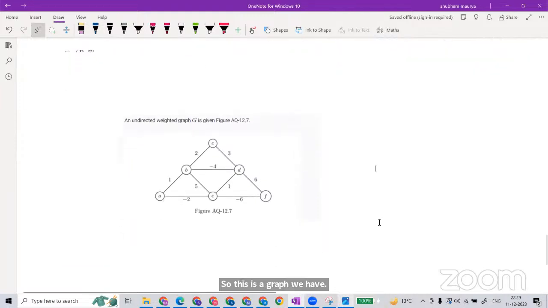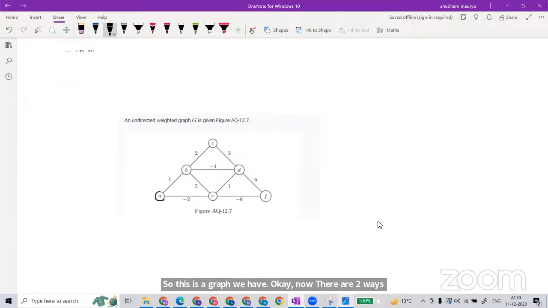Suppose you want to find the shortest path between this vertex and the vertex T. By which way will we go so that we get the minimum weight? That is the meaning of the shortest path.